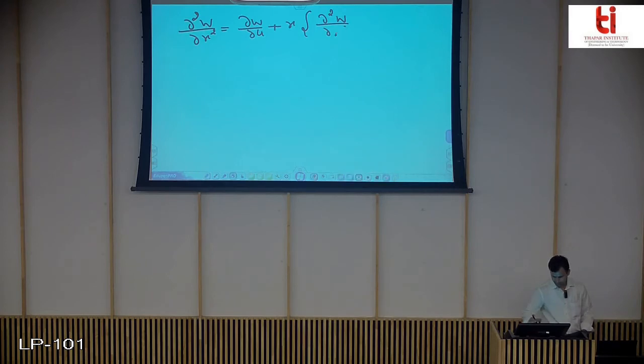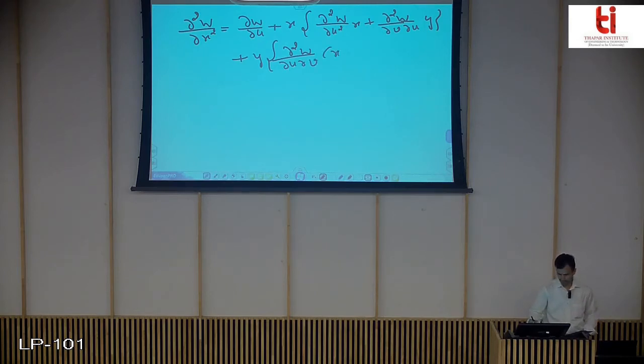Sorry, this is u square, and then you have x plus del square w del v del u y plus y times del square w, and then you have your del u del v x plus del square w, this one, into y. So these are the values of equation we get after substituting the values of equation a and b back in equation 5.